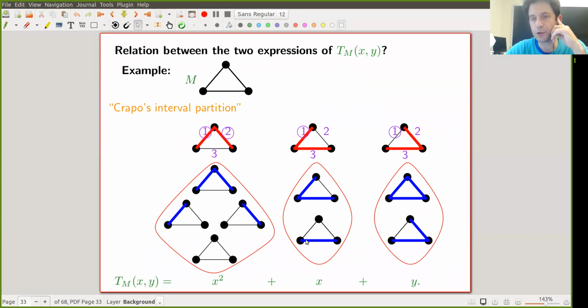I want to prove that the two sums are equal, and the relation was discovered by Crapo, and it says that you can group the subgraphs in a certain way, in such a way that a bunch of subgraphs is going to have the same contribution as this basis, in terms of activity here and in terms of corank nullity here.